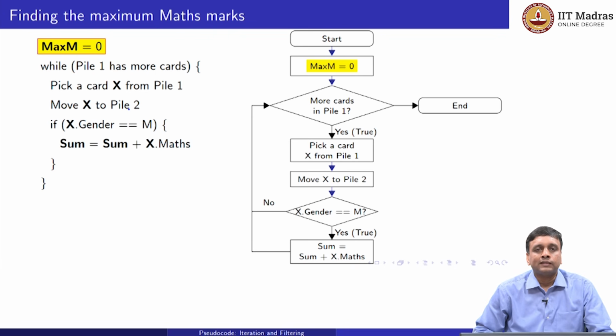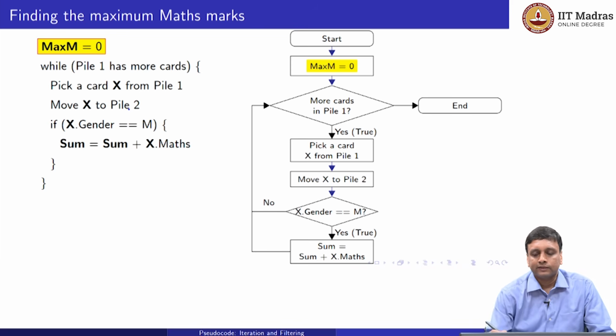So in this case, we know that the marks go between 0 and 100. So it's safe to set the maximum to be the smallest value that you expect to see, in this case 0, so that whenever you find a real value, it's going to be at least as big as this and it will update the maximum. So the first step is to initialize this max m to be 0. So max m is going to represent the maximum maths marks in the entire stack.